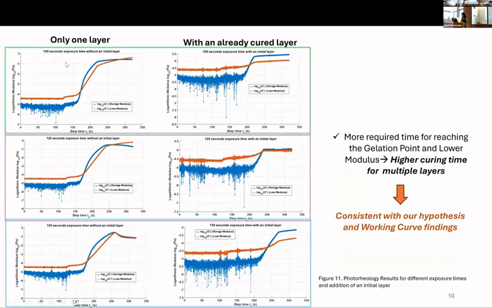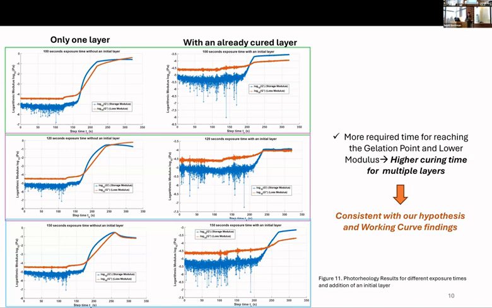The graphs on the left-hand side have only one layer, and the ones on the right-hand side have an initial layer on the plate. This one is 100 seconds exposure time, 120 seconds, and 150 seconds. As we can see from here, when we have an initial layer, our gelation point is shifted to a higher level, which makes sense because it correlates with our working curve analysis for DLP.